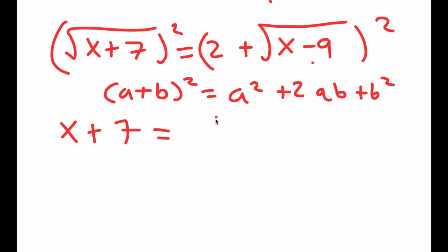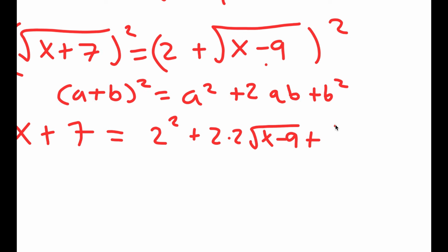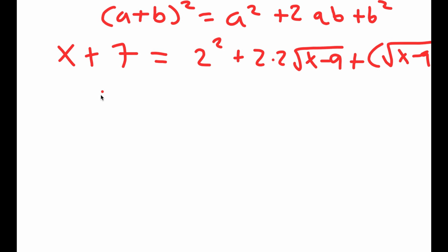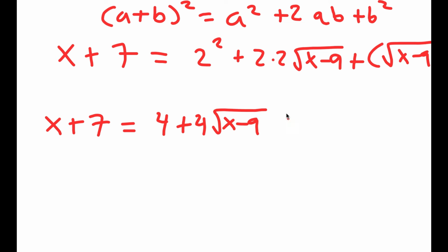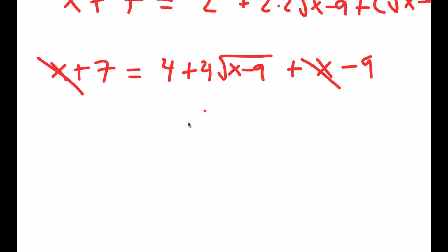So I get x plus 7 equals 2 squared plus 2 times 2 times the square root of x minus 9 plus the square root of x minus 9 squared. And this gets me x plus 7 is equal to 4 plus 4 root x minus 9 plus x minus 9. Now I can cancel out these two x's by subtracting x on both sides.